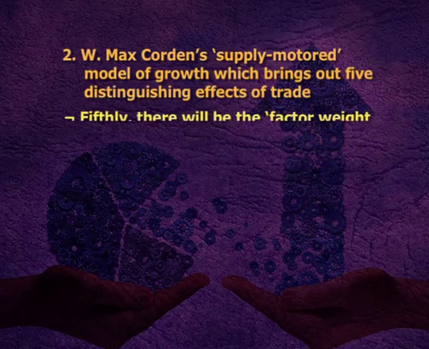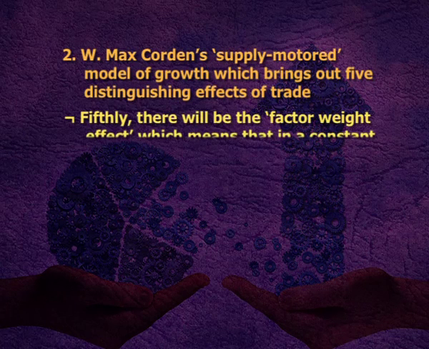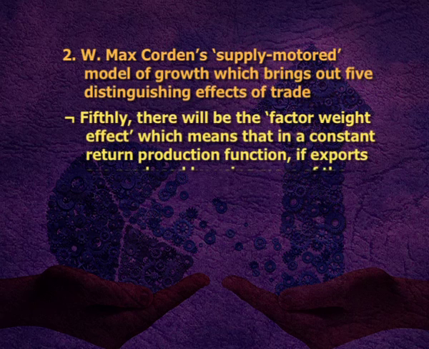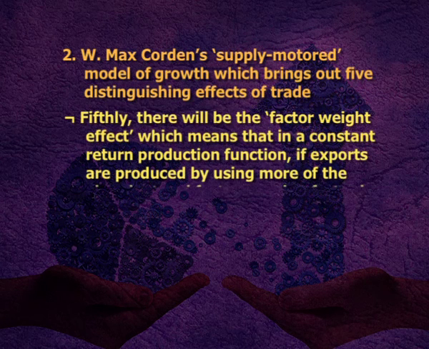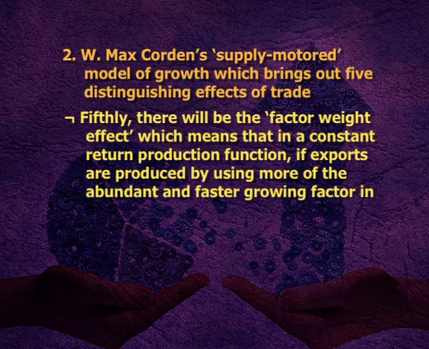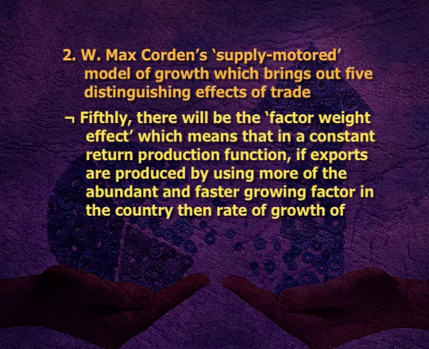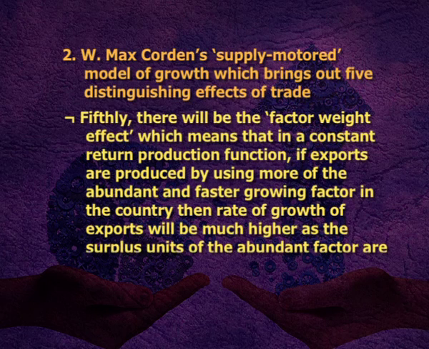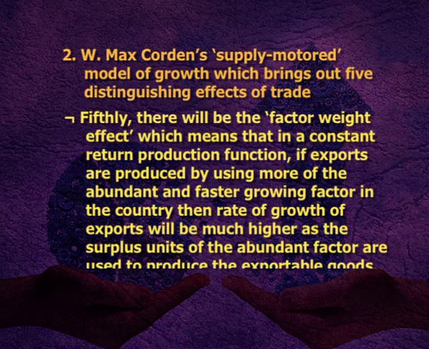Fifthly, there will be the factor weight effect, which means that in a constant return production function, if exports are produced by using more of the abundant and faster growing factor in the country, then the rate of growth of exports will be much higher as the surplus units of the abundant factor are used to produce the exportable goods.